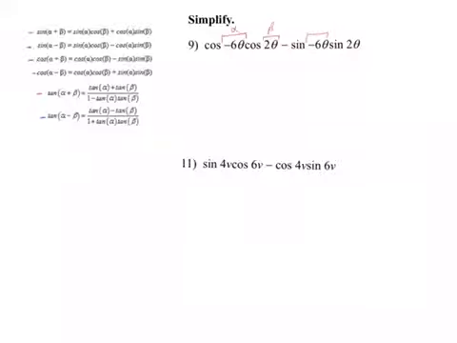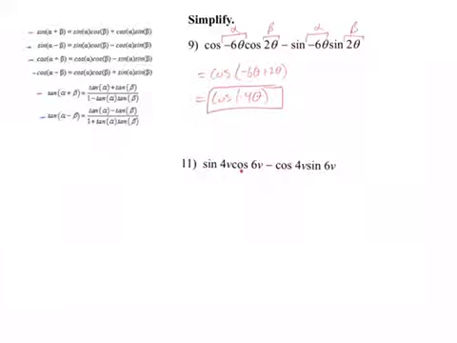This is the alpha, and this is the beta. So then this whole thing is going to simplify down to cosine of -6 theta plus 2 theta. Well, that's just going to be cosine of -4 theta. Simplified down.